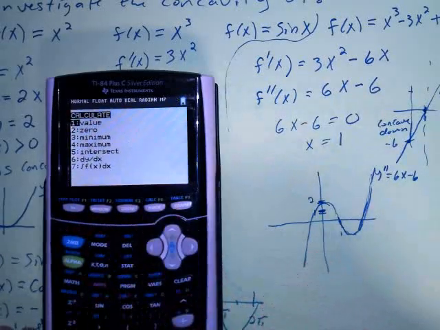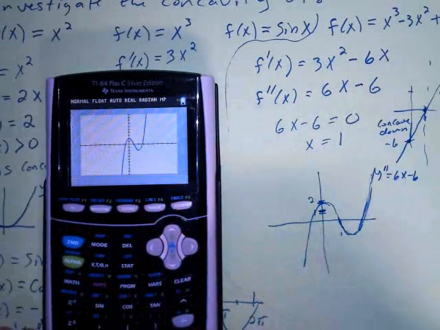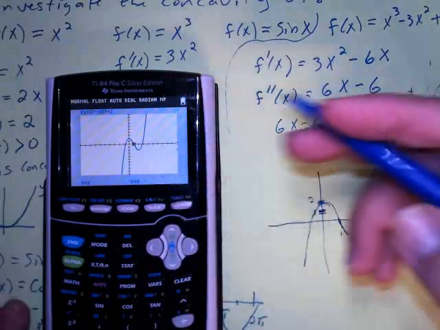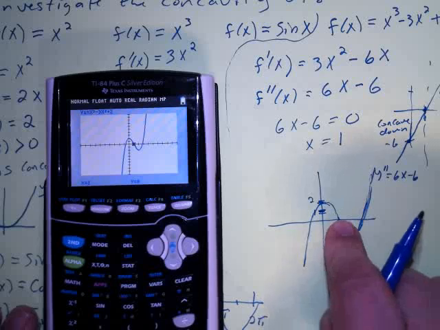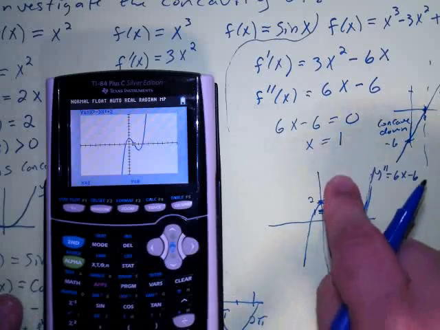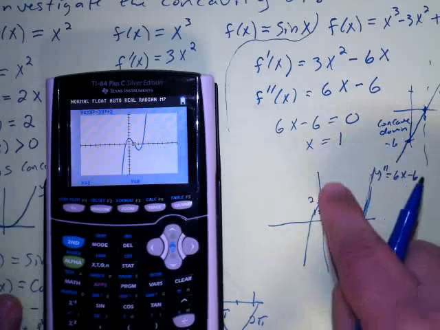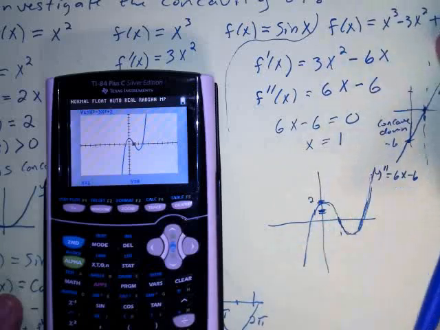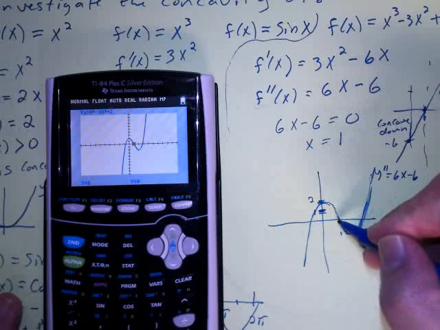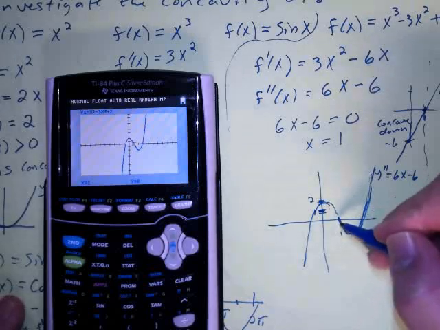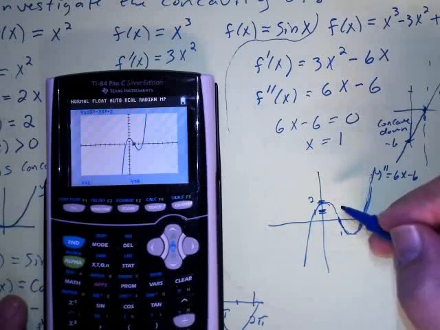I'm going to hit second value, hit 1, and it looks like yes, it does cross the axis. The reason this is unfortunate is that you could move this graph up and down and it wouldn't change the second derivative because that's just a constant. So it does not necessarily have to change its concavity where it passes through the axis. This is just a coincidence, okay?